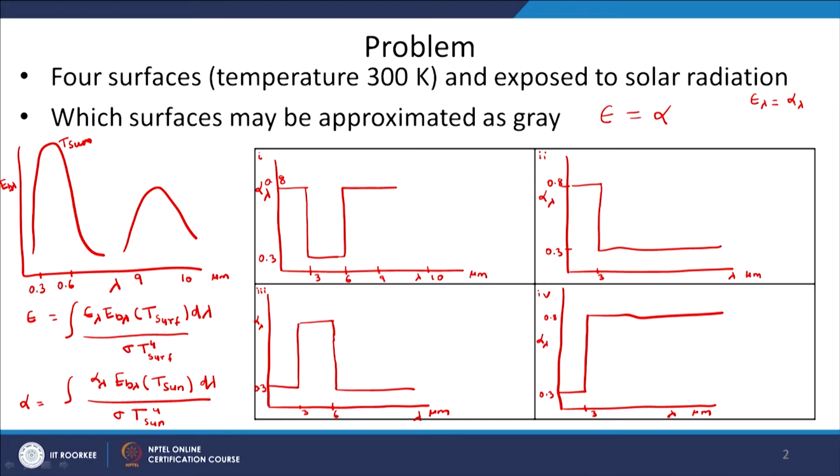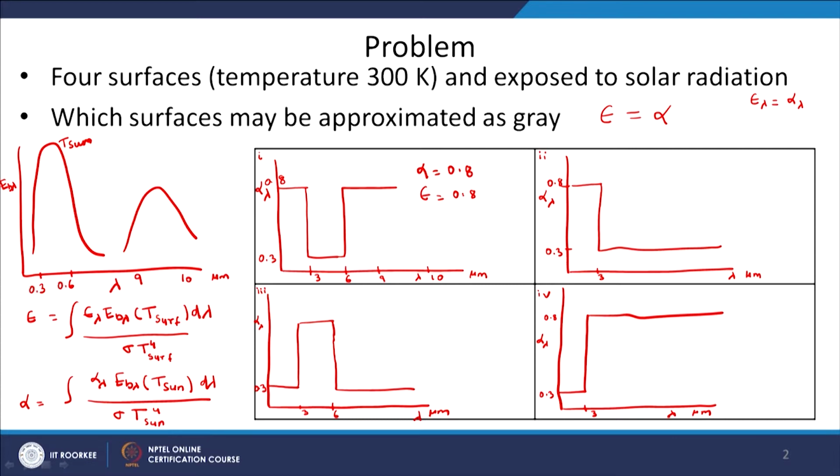So we get alpha equal to 0.8, and the value of epsilon in the 9 to 10 micron range also has the same value, so epsilon is equal to 0.8.